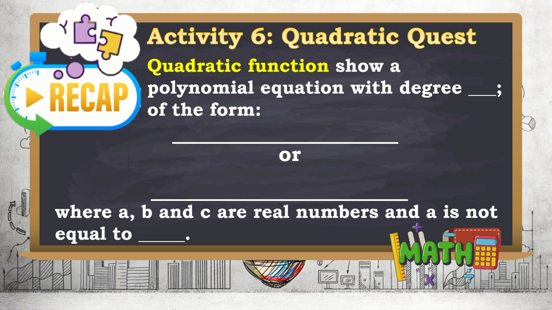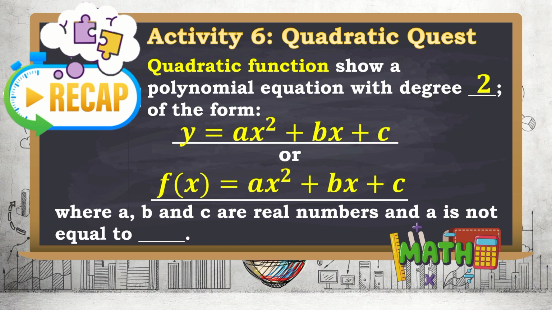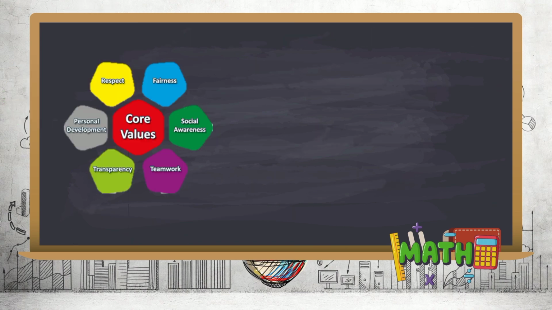So what is the degree of the quadratic function? It's 2. And it can be written as y is equal to ax squared plus bx plus c, or f of x is equal to ax squared plus bx plus c. So a, b, and c are real numbers and a is not equal to 0.